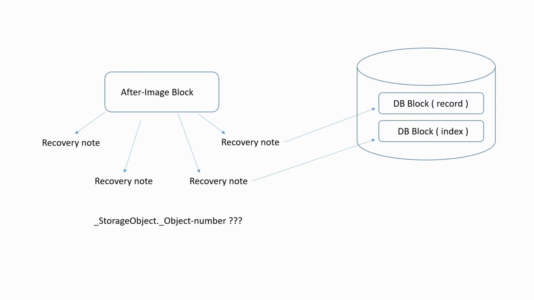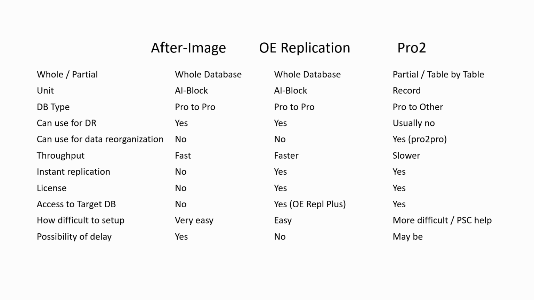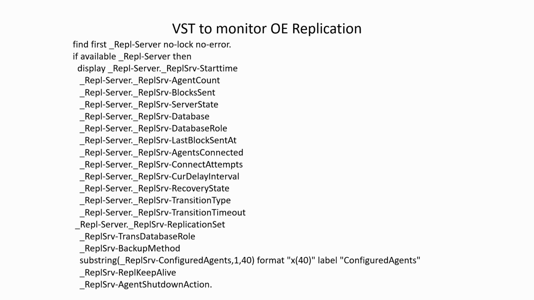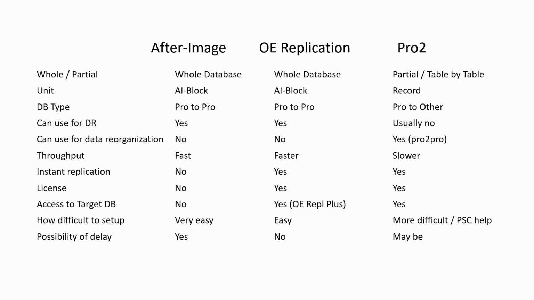So you couldn't use after image block for replication and separate one table from another table. That's why the minimum is the whole database for these types of replication, unlike this one. Yeah, and also, obviously, you use this to replicate to other databases, not just Progress to Progress.